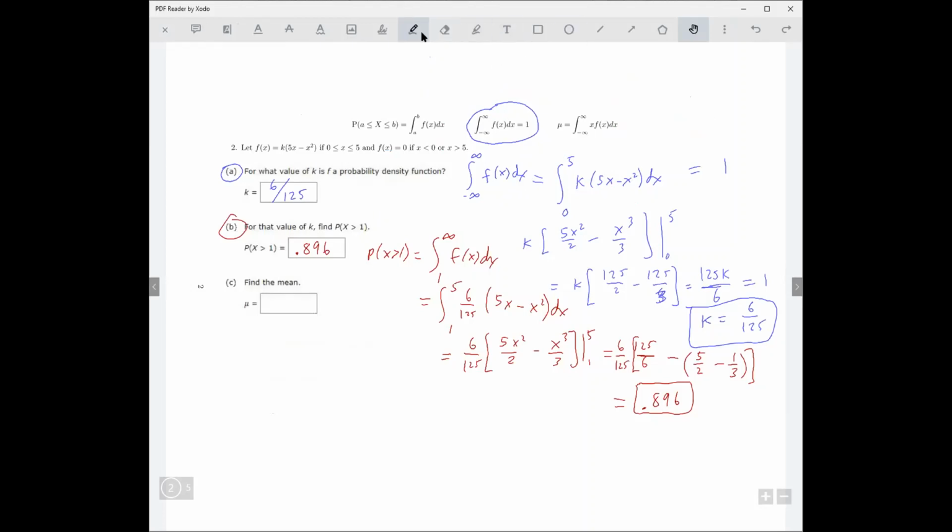Okay, now the mean. Finding the mean. Here's the formula for the mean right here. You take the integral. This time it's just going to go over where the function is non-zero. But you're going to multiply by x, and then multiply by the rest of it.